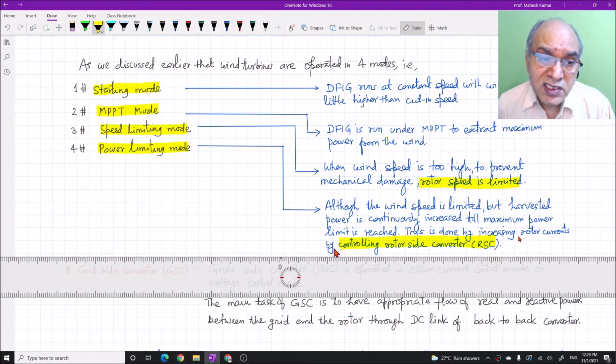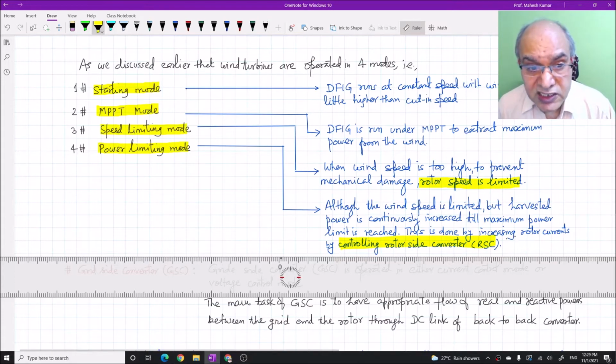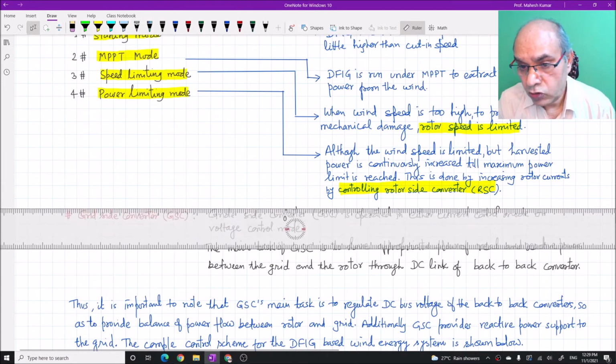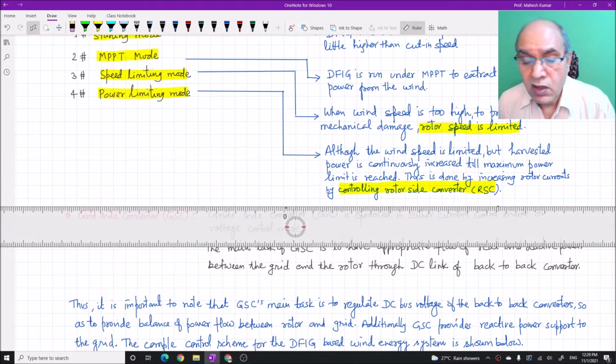The fourth one is, speed is constant now, and it is the maximum speed, but the power is allowed to vary till it becomes the maximum power for which the machine is rated. This is achieved with the help of the rotor side converter control. You may ask that when the wind is constant, when the speed is constant, how can power increase?